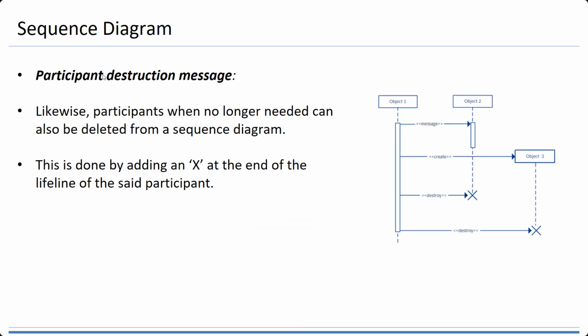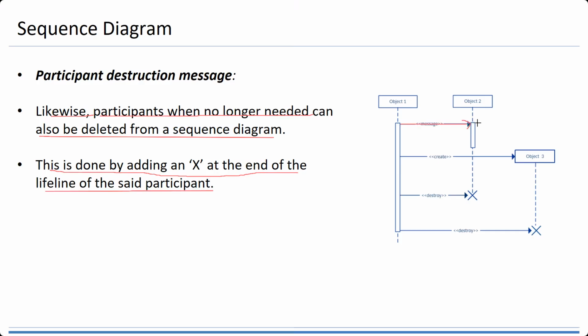We have the participant destruction message. Likewise, participants, when no longer needed, can also be deleted from a sequence diagram. This is done by adding an X at the end of the lifeline of the said participant. So you send a message here.